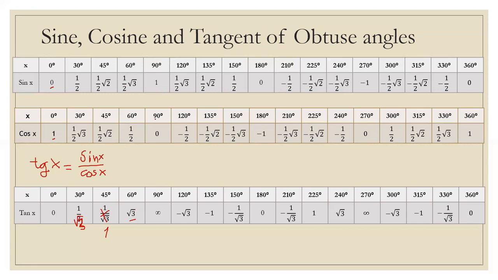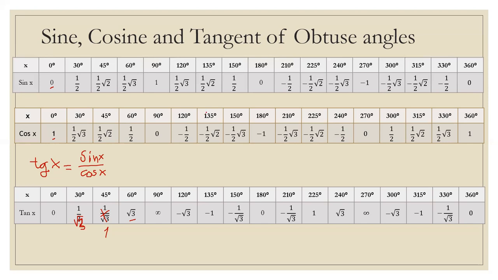And for 90 there is no result, 1 over 0. And tangent 120, a half square root 3 divided by negative a half equals negative square root 3. You may determine all values of tangent x according to the values of sin x and cosine x.